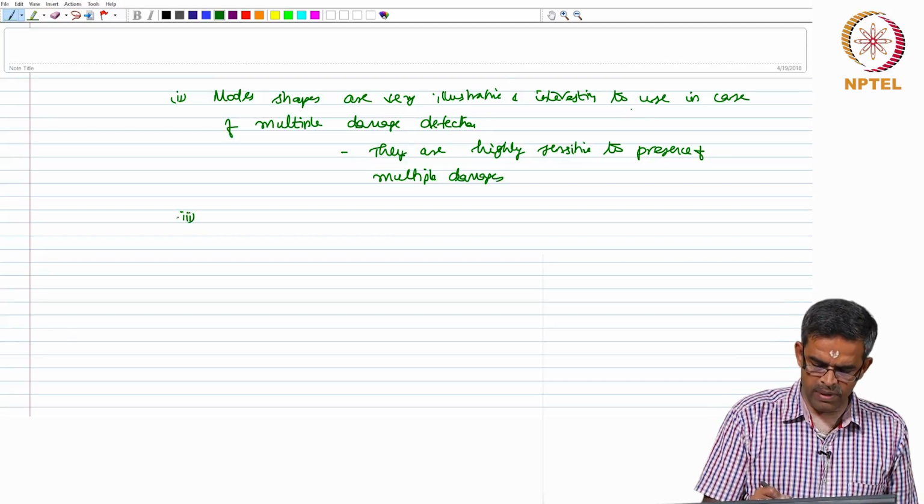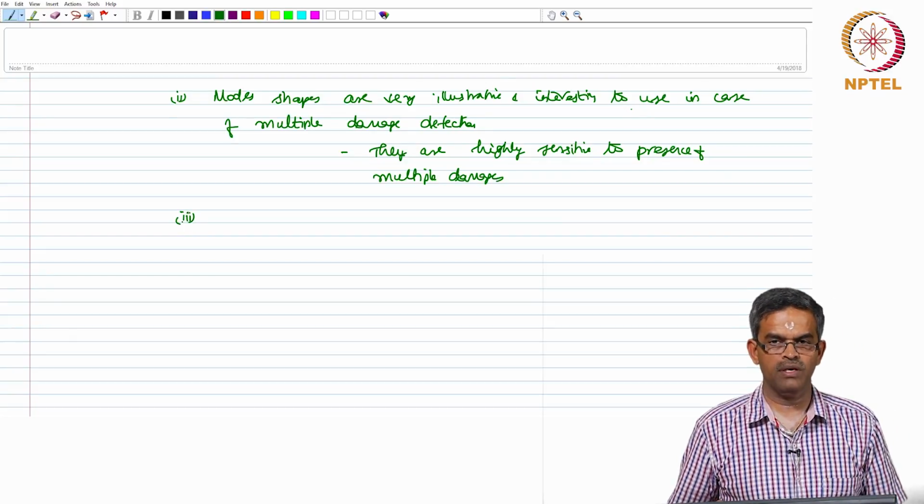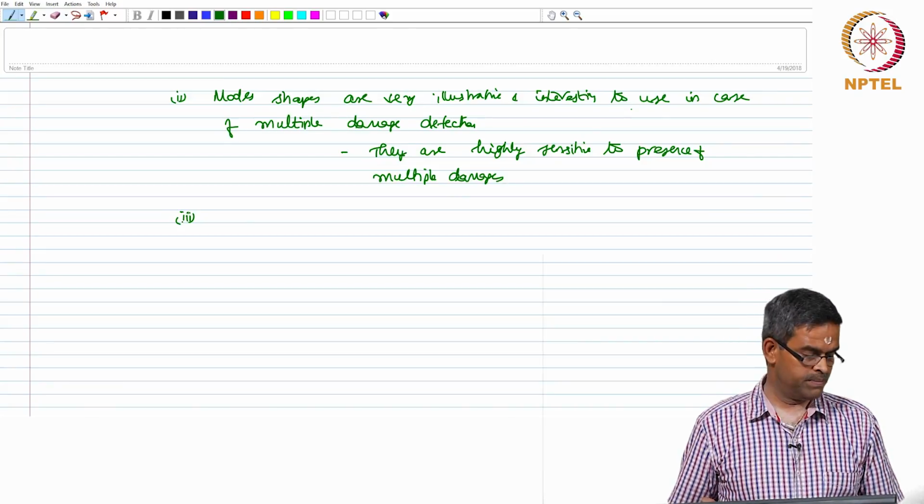There is another advantage and basic objective why mode shapes are being used for damage detection.